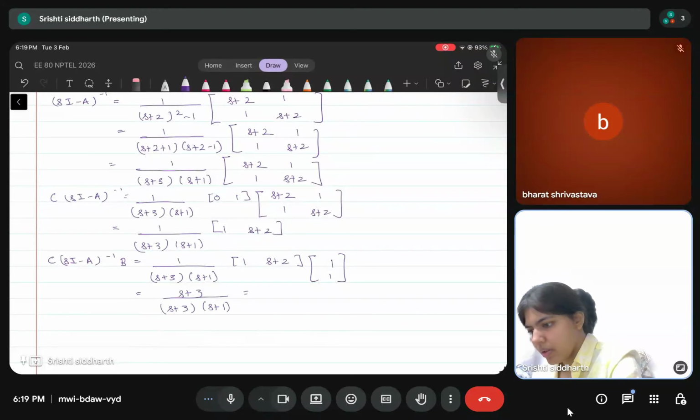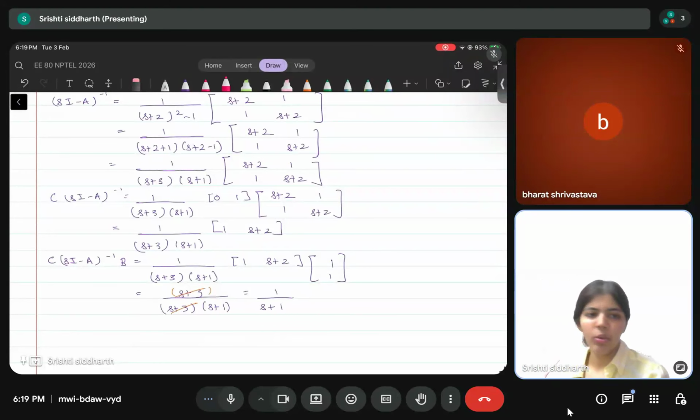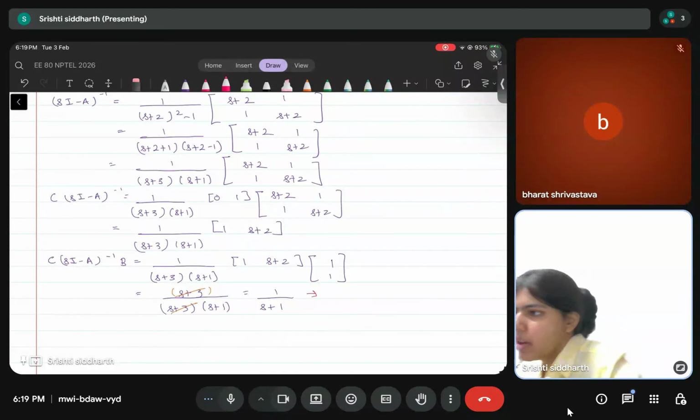This term gets cancelled and we get 1 over s plus 1. So what can we observe? We started with a second order system, but the degree of the polynomial in the denominator of the transfer function is 1, right? So the system is of first order.